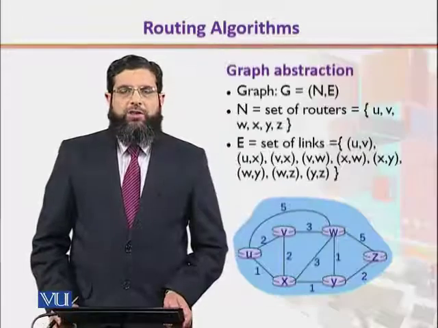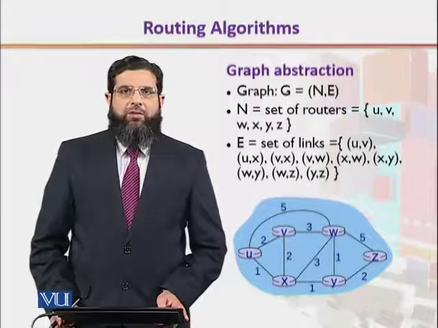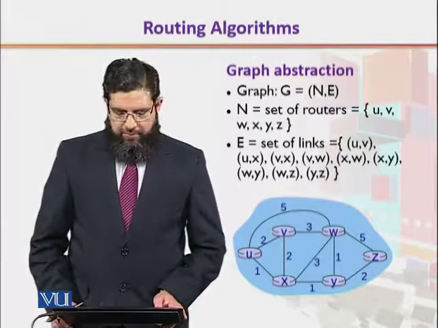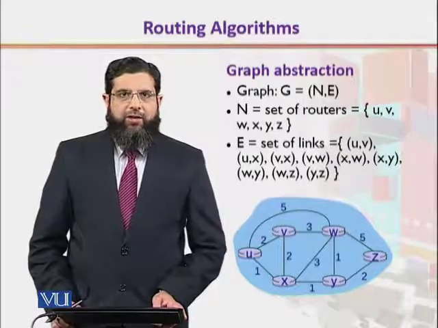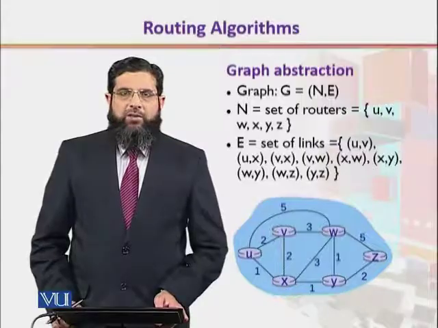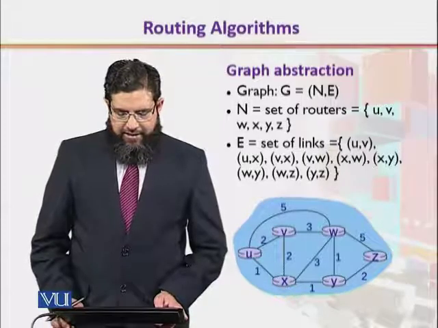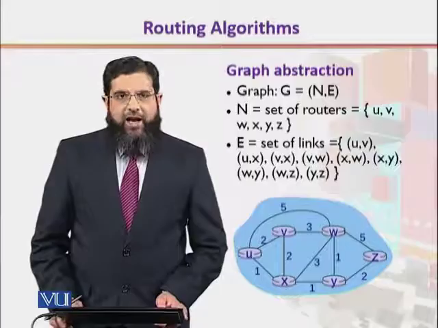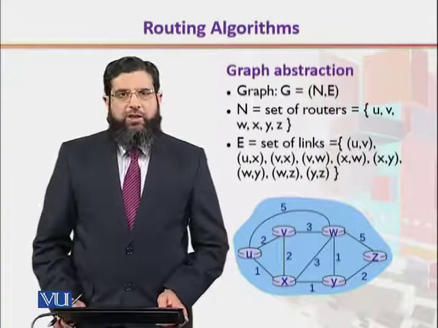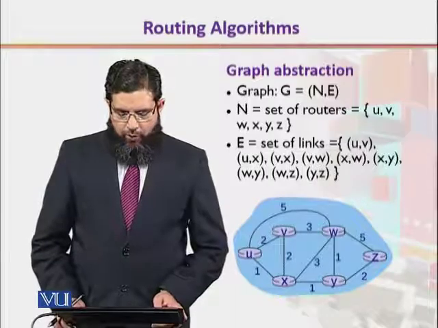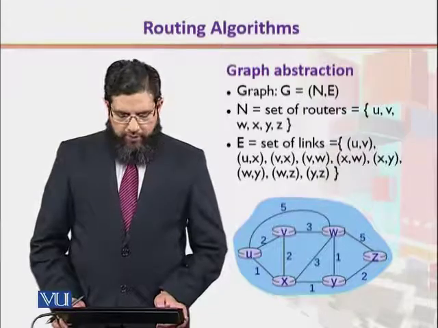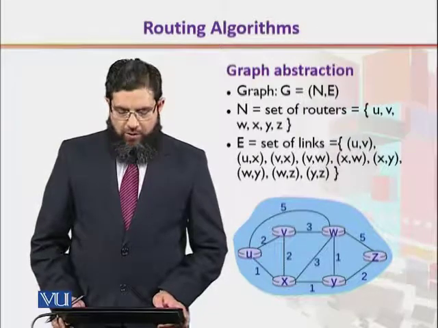The topology of the routers could be understood as a graph, which has edges and vertices. So if we represent a graph G with the number of nodes or vertices as n and the edges as e, n would represent the number of routers for the given topology that comprises u, v, w, x, y, and z, and their edges are shown with their associated costs.